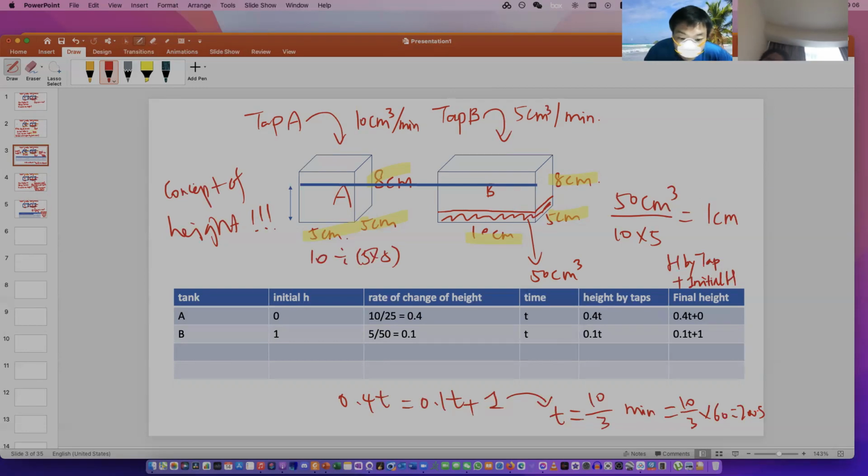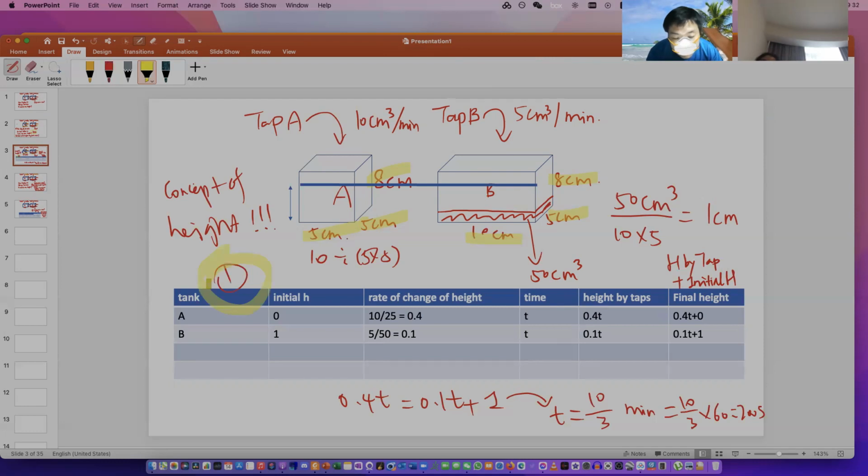By the way, that's the reason why I want you to understand method 1, which is the table. For some questions it's easier to understand using method 1.